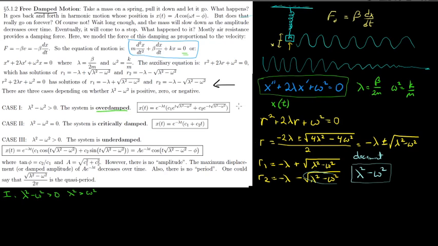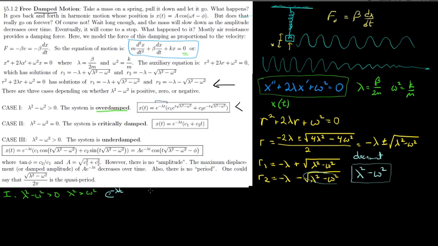I know these are pretty tiny, but I hope you can read this. Basically, there's no sines or cosines anymore, which is maybe a little surprising. We're dominated here by exponential terms. This e to the negative lambda t is what dominates, and it's multiplied by more exponential terms as well.